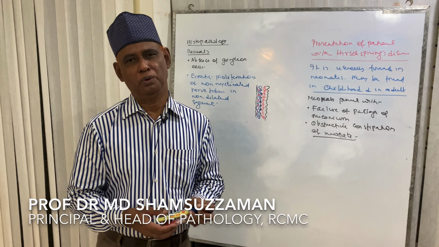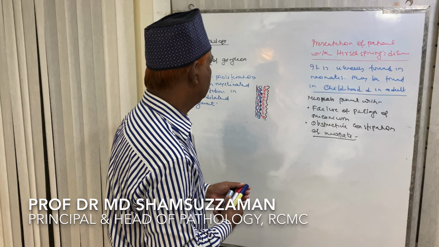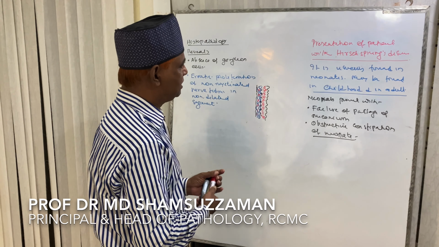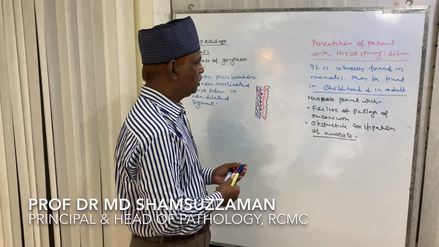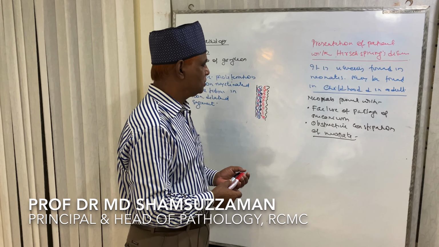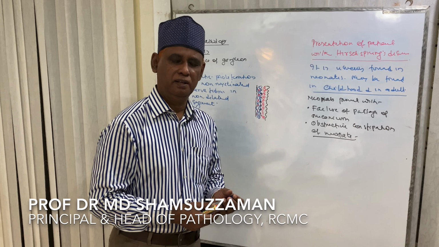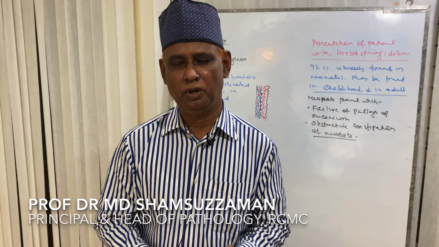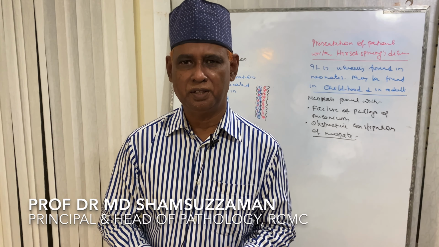So in that segment, there will be functional loss of peristalsis, there will be obstruction, and proximal to the obstruction there will be accumulation of fecal material and marked dilatation. Usually, there is absence of ganglion cell in the anorectal junction, and usually the upper border of the aganglionic segment of colon is within the rectum.